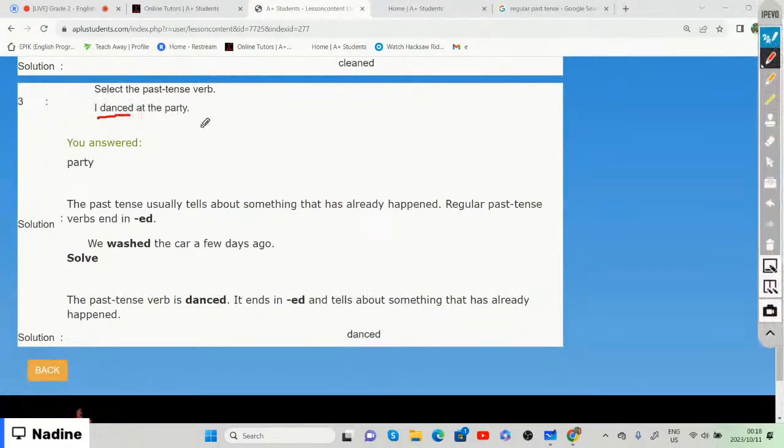So danced is our past tense verb that we have identified or selected within that sentence. So all we did was we added a D, and dance basically tells us about something that has already happened. All right, so danced is our past tense verb.